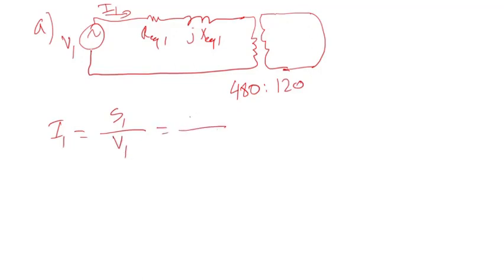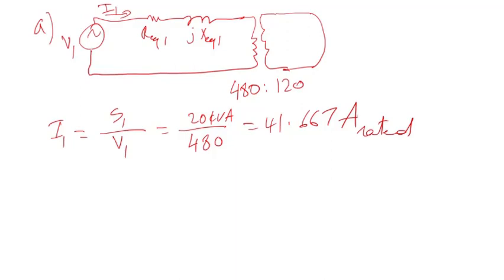So it's 20 kVA divided by 480 volts because it's on this side. So this is 41.667 amps. So that's the rated current. Let's keep that in mind.